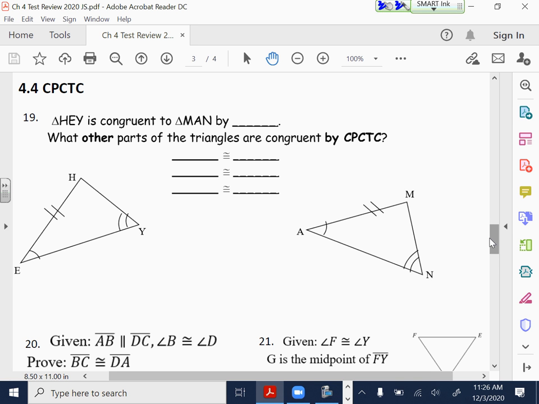So triangle HEA is congruent to triangle MAN by, we have angle, angle, side. So angle, angle, side. What other parts of the triangle are congruent? Well, when they say what other parts, we already know that this is congruent to this one. We already know that this line is congruent to this line, and this angle is congruent to this angle because that's given to us. They show us that in the picture. But what else can we tell? Well, we can also tell that segment HY is congruent to segment MN.